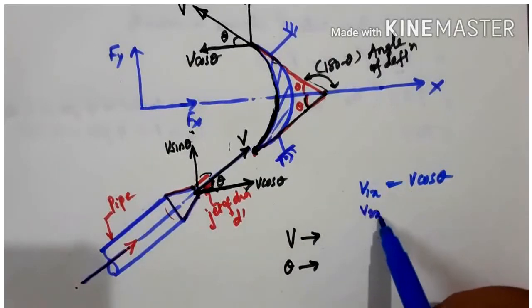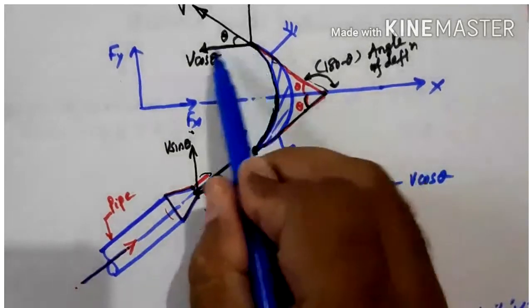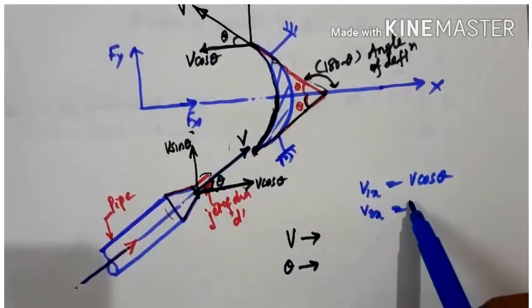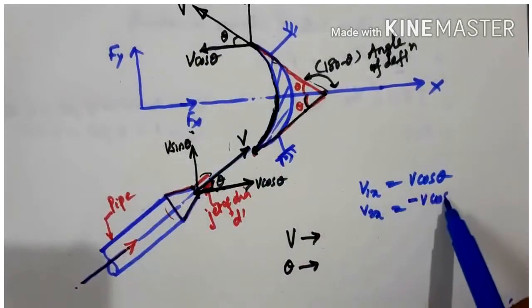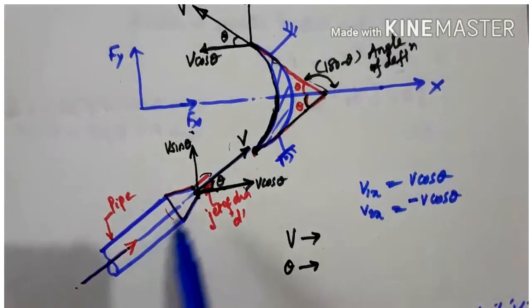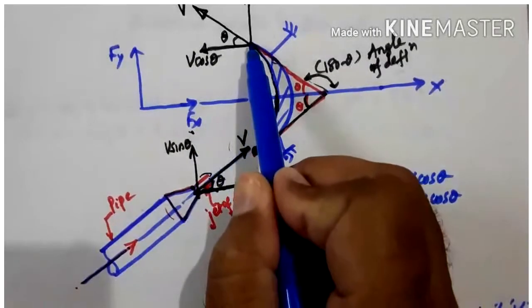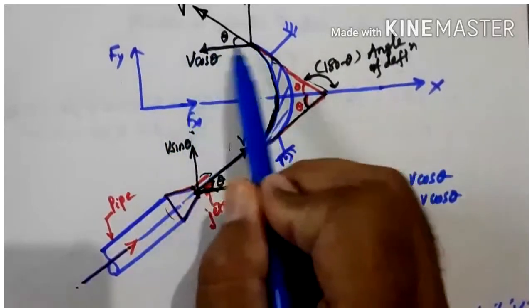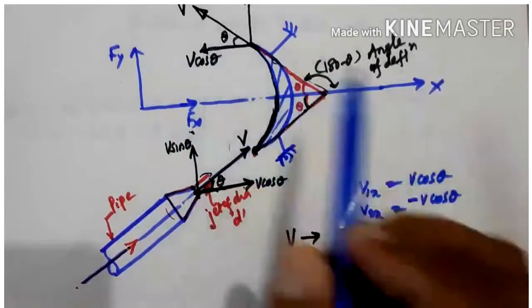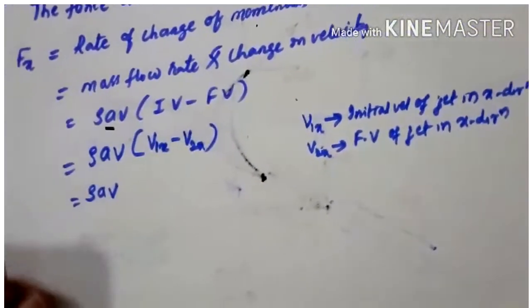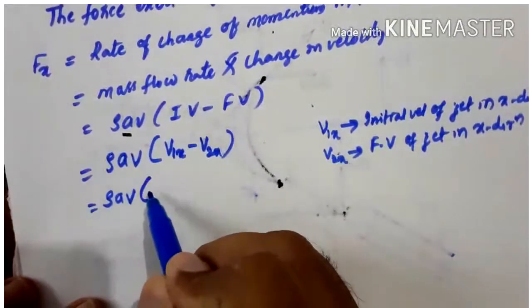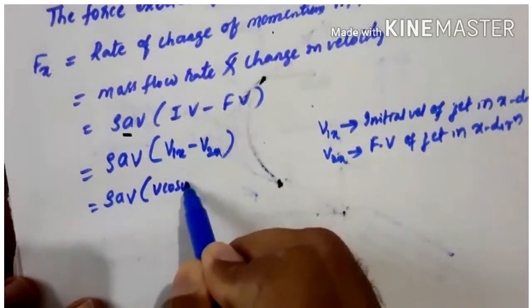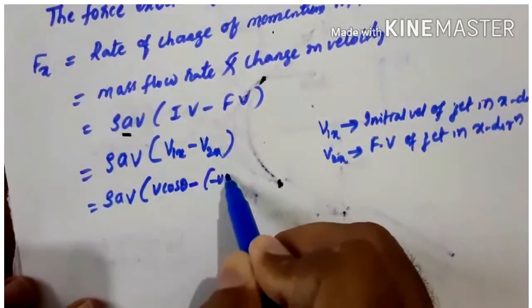Then what is v2x? Again I'll get minus v cos theta, because it is opposite to the direction of the jet. That is the final velocity. If I substitute here, I get v cos theta minus of minus v cos theta.